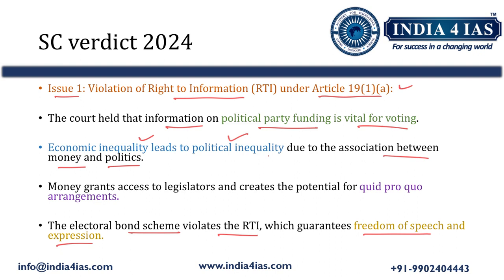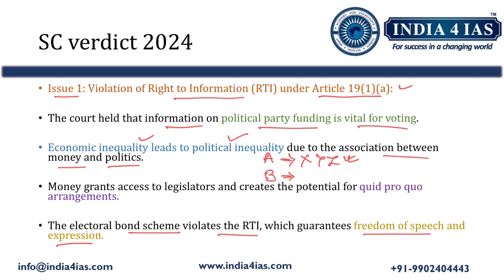For example, consider two persons, A and B. A has the ability to donate to political party XYZ via electoral bonds, and B doesn't have the ability to donate. By donating to the political party XYZ through electoral bonds, A can influence policy in his favor.